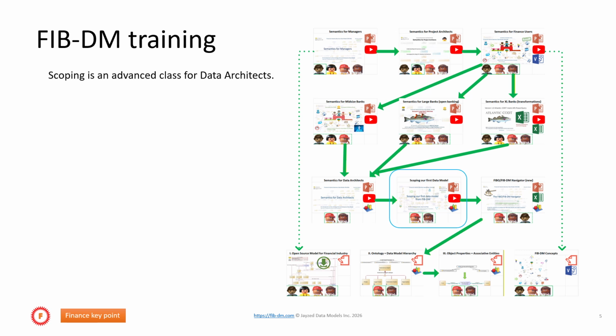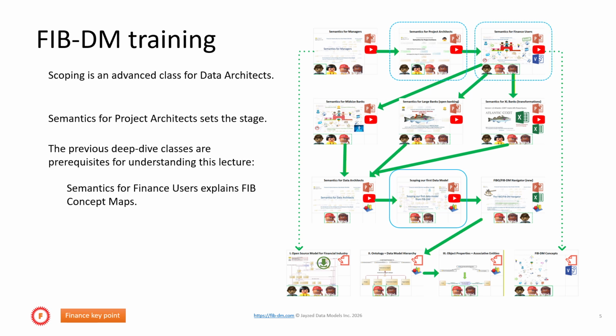So within the FIB-DM training course, we are here now scoping our first data model, which is an advanced class for data architects. And semantics for project architects is a prerequisite. And in particular, semantics for finance users, because that lesson explains the 15 FIBO fundamental concepts in detail.